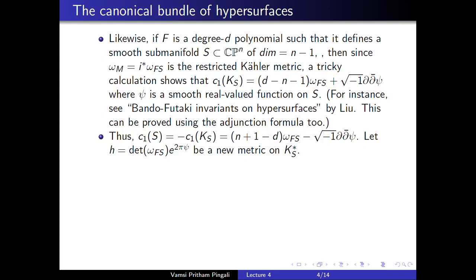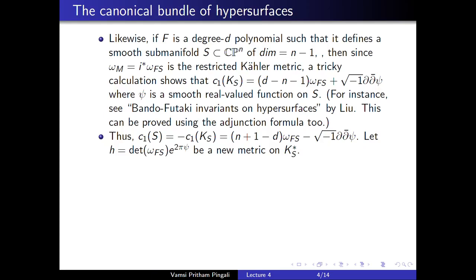Now we'll notice something very fascinating. Take the anti-canonical bundle. It already has a metric. What's the metric? The determinant of the Fubini-Study metric. You multiply this metric by a smooth function. This particular smooth function is e raised to 2 pi times psi, where psi is the function coming from this formula.